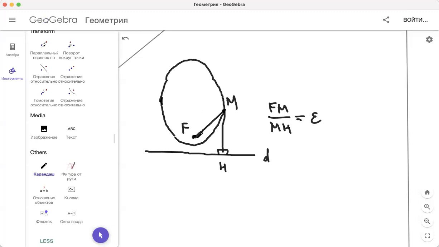Okay, and it is interesting that you can consider a generalization of this definition. You can take a circle instead of a focus.